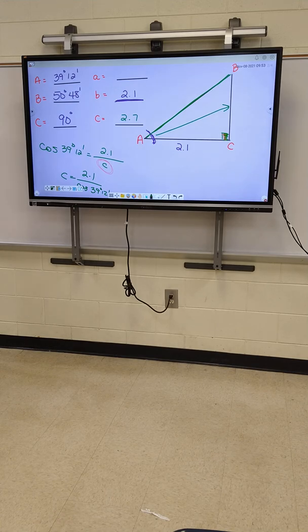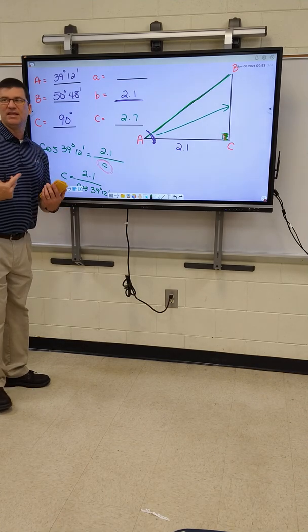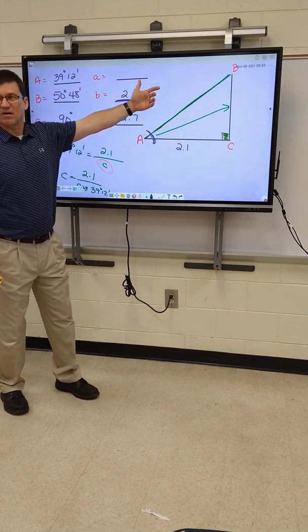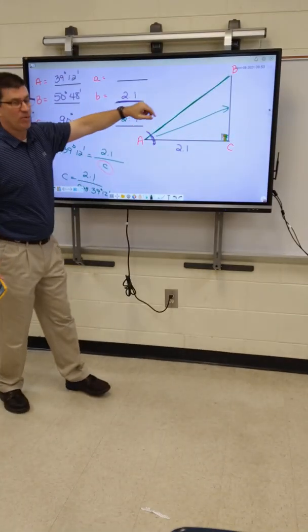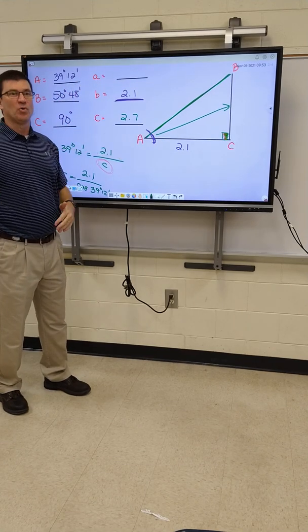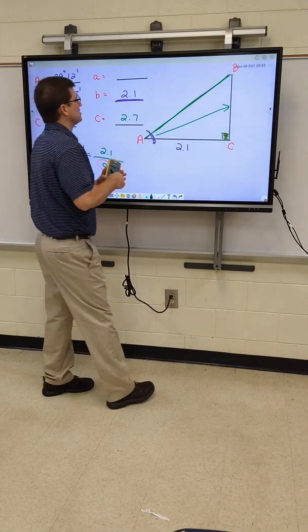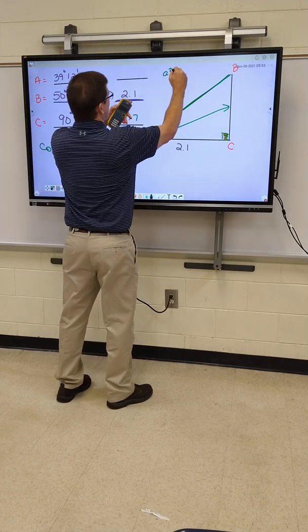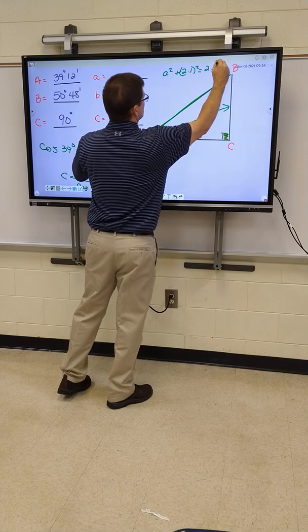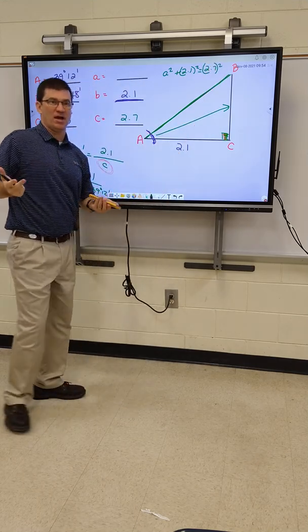Yes, sir. All right, so now the last step is the easiest step. Since I'm finding one of these missing sides now, since I have a right triangle, all we got to do now is a squared plus b squared equals c squared. So you won't even have to write anything down. Watch this. a squared plus 2.1 squared equals 2.7 squared. That's what it would look like if you wrote it down, right?